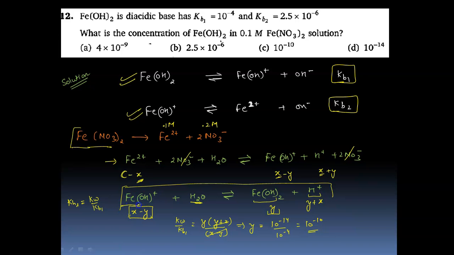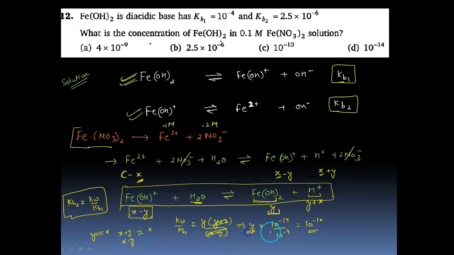Now understand, would that be Kb1 or Kb2? If you analyze the reaction in a reverse way, Fe(OH)2 comes in the first reaction, so it has to be Kw upon Kb1, right? And this is a hydrolysis reaction which I write as Kw upon Kb1 is equal to the concentration of Fe(OH)2, which is Y, times H+, which is X plus Y, upon FeOH+, which is X minus Y. Since Y is very much less than X, X plus Y or X minus Y can both be written as X and therefore they can be cancelled.